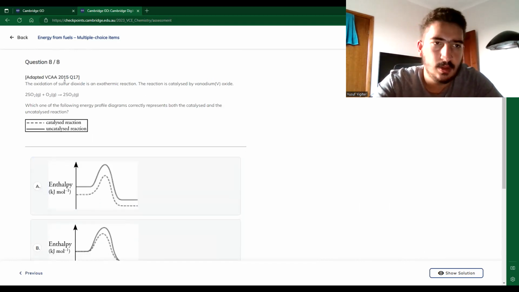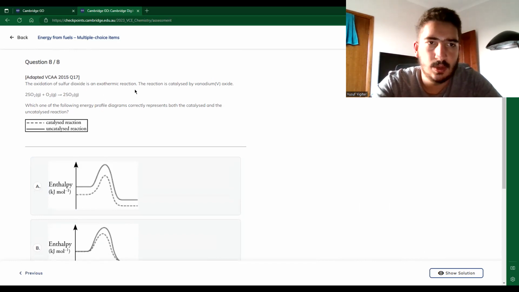Oxidation of sulfur dioxide is an exothermic reaction. The reaction is catalyzed by vanadium(V) oxide. Which one of the following energy profile diagrams correctly represents both the catalyzed and uncatalyzed reaction?